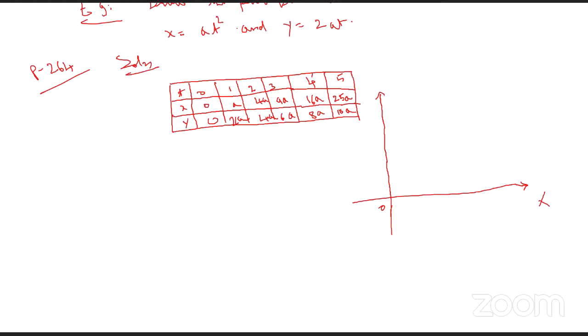On this scale, this is 5a, 10a, 15a, 20a, 25a. On the y-axis, 1 centimeter equal to 2 units. That means 2a, 4a, 6a, 8a, 10a. Now plot the points. 0, 0 first. Next, a comma 2a.